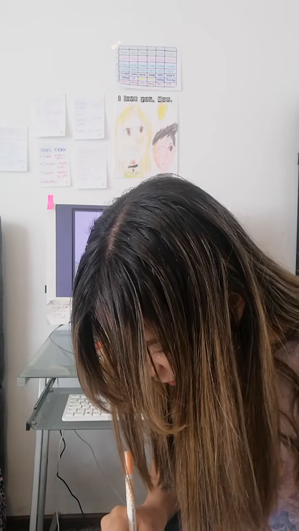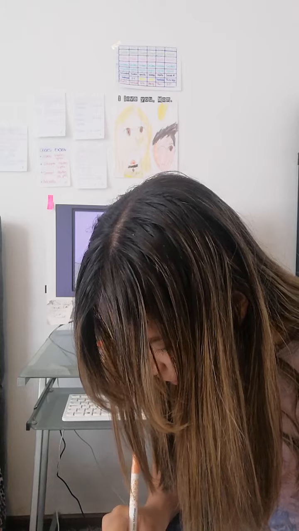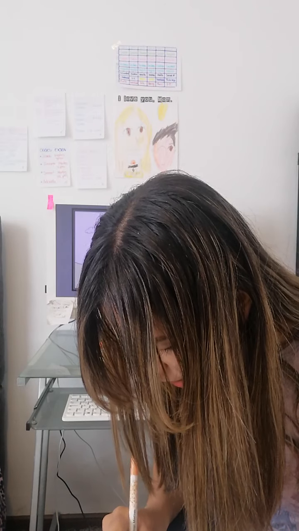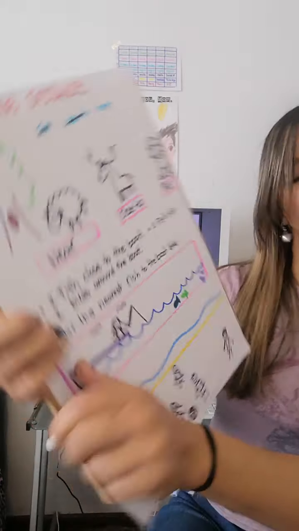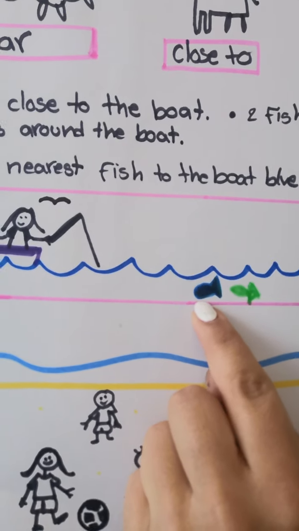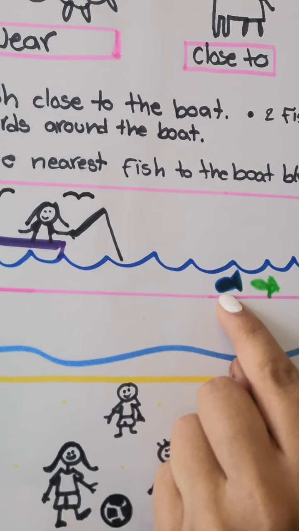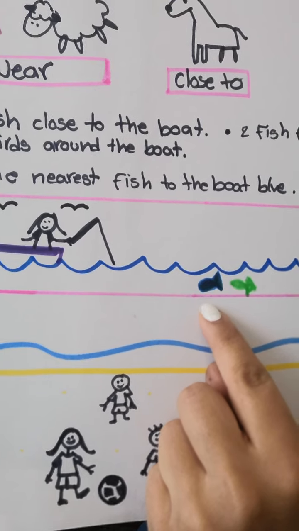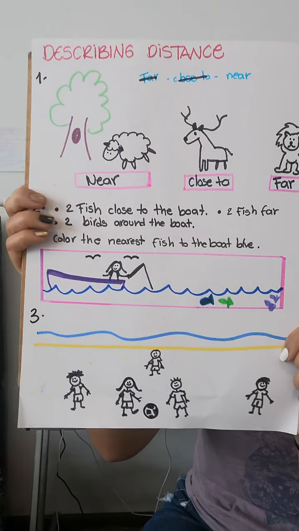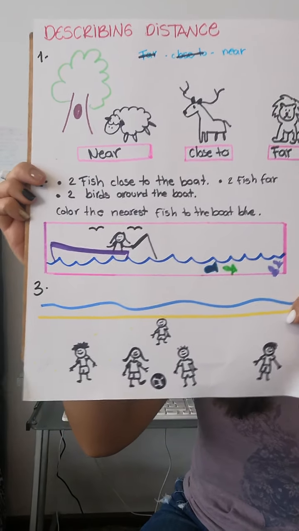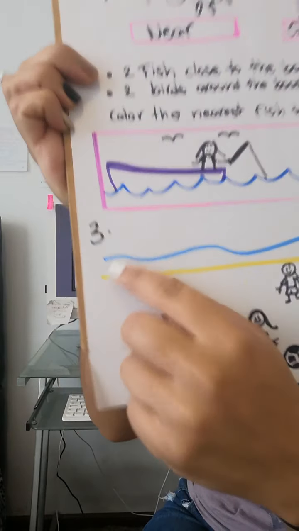I'm going to use my markers. And this fish is supposed to be blue because it's the nearest to my boat. And I got it. The nearest fish to the boat is blue. Okay? Done. Well done. Let's keep going and let's finish with number 3.